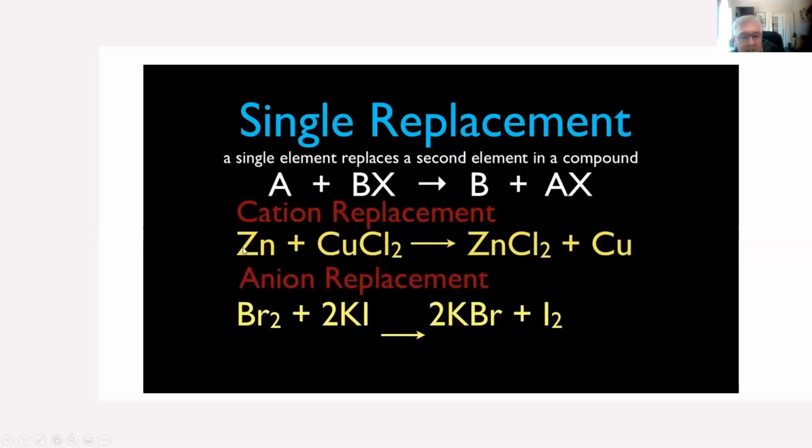For example, zinc can replace copper, make zinc chloride, and then copper goes alone. In this case, bromine replaces iodine from this compound, and then iodine goes alone.